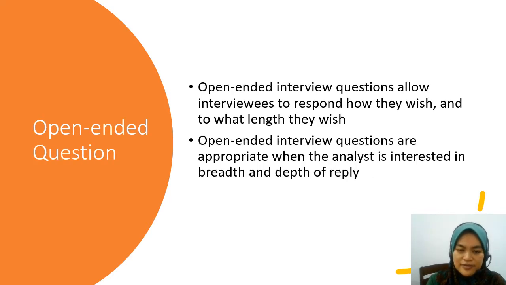Okay, so open-ended question. So we use this to allow the interviewee to respond how they wish and to what length they wish. So it is appropriate if we want to know in depth the response of the interviewee.